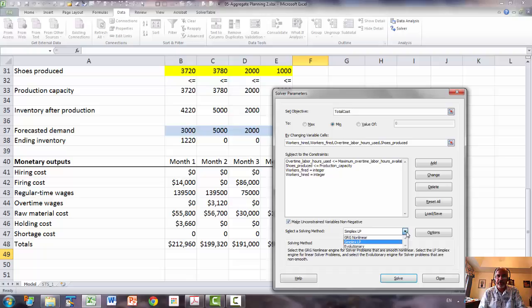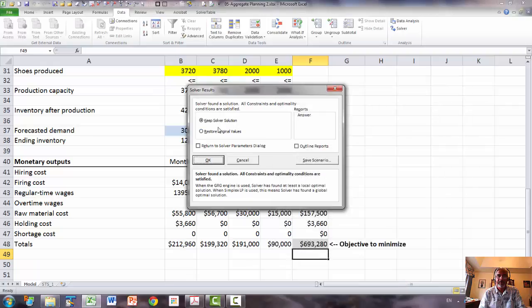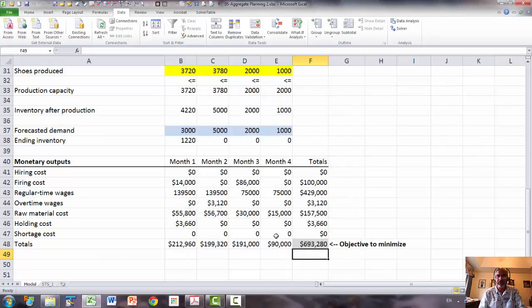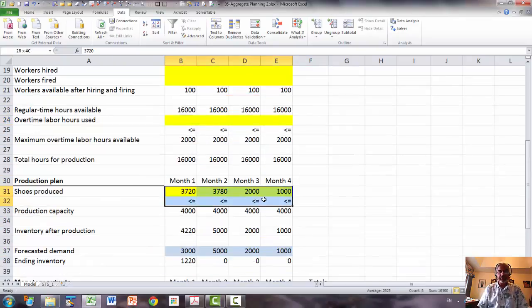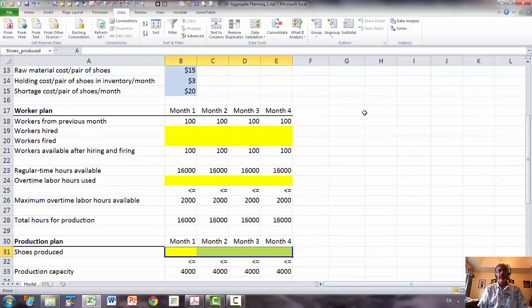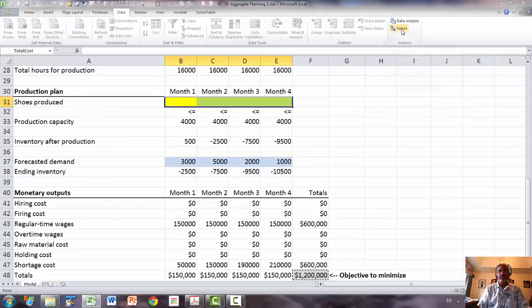So you have to change that to GRG nonlinear. Now solver has found a solution. Let's first clear the previous solution, and then run solver again.